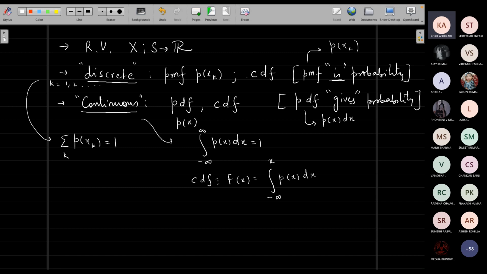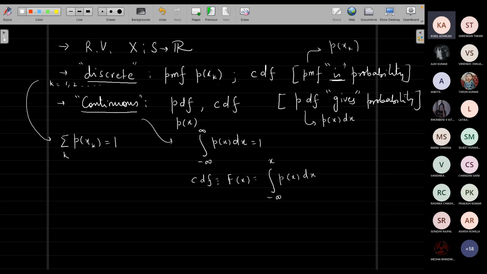We also discussed the cumulative distribution function and how it is right continuous and other properties of it in one of the examples. We have to remember that the PMF, the probability mass function, itself is probability. That P(x_k) gives us the probability. It is probability itself.